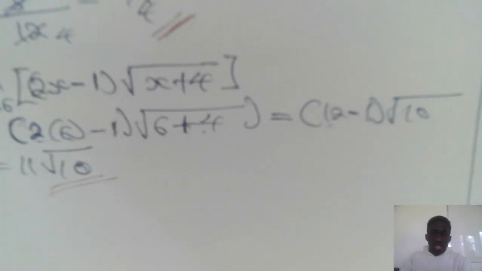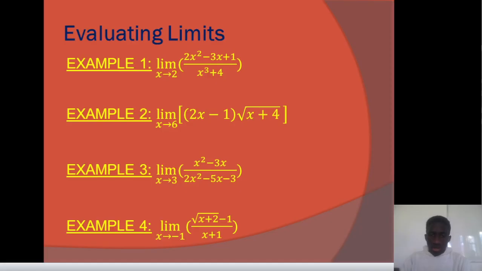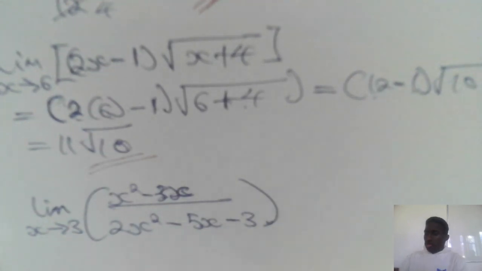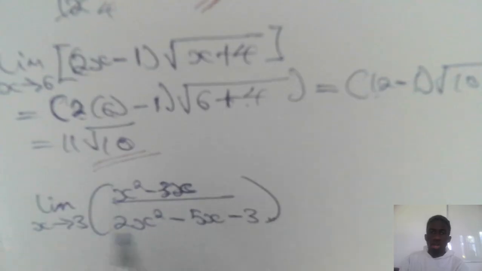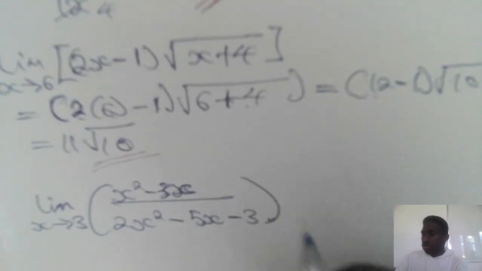Now we move on to the next example. We're asked to find the limit of this function here, so I'm just going to write that down. Now we solve it. As usual, wherever we see x, we put 3 there.